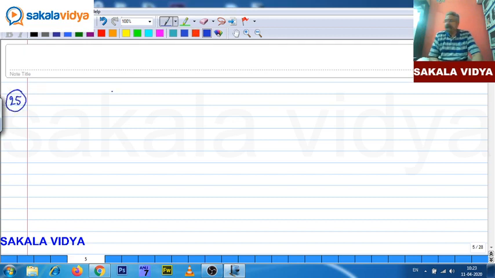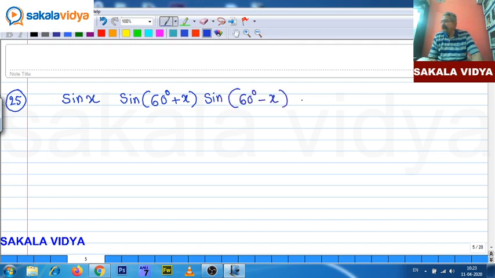Twenty-fifth question. Sin x sin 60 plus x sin 60 minus x equals 1 by 8, then x is equal to.